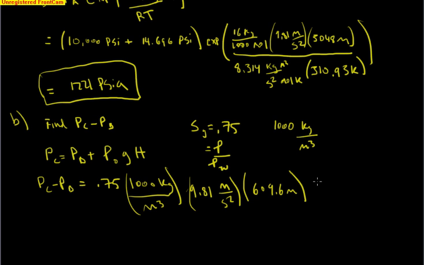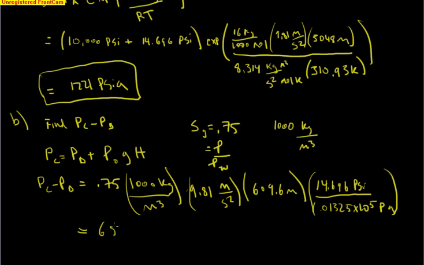To do that, we just need to multiply. 1 atmosphere is 14.696 psi, and 1 atmosphere is also 1.01325 times 10 to the 5 pascals. So that will give us units in psi. You crank this calculation out, you should get approximately 650 psi.